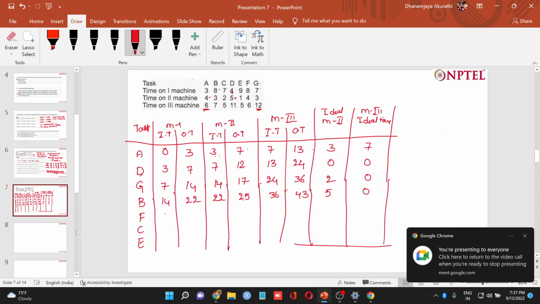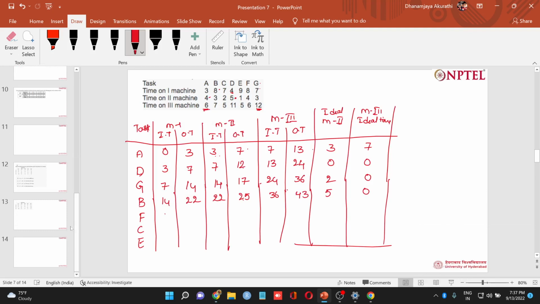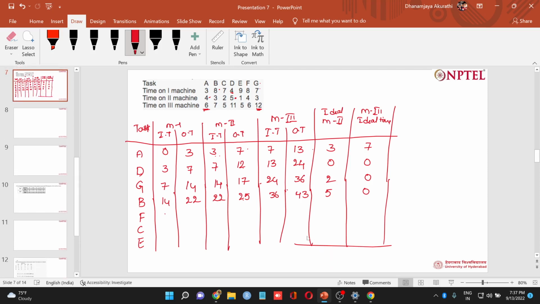You can do it. Here machine 2's idle time is adding up all these, adding up this column.